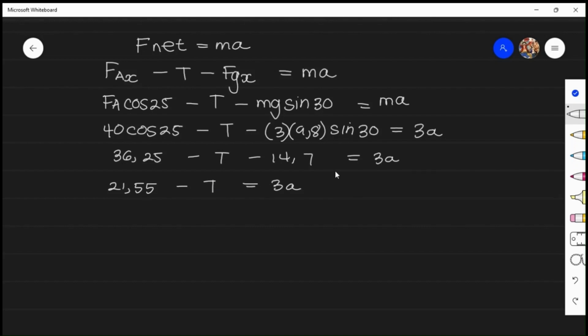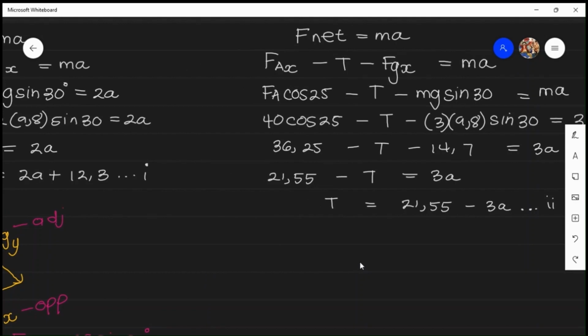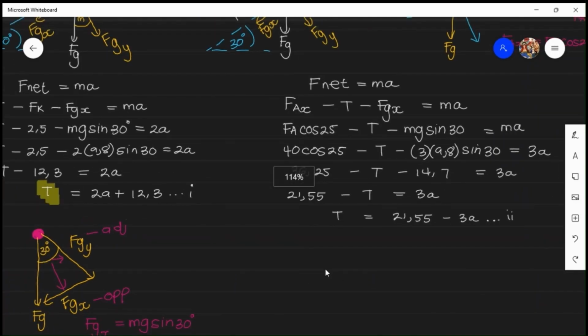From there, we can solve for T. So we are going to have 21.55 minus 3a equal to T. So our whole goal of this was to solve for T, because like I mentioned before, whatever you want to find, which in this particular case is acceleration, make the other variable your subject, so that when you connect both equations at the second variable, which in this particular case is T, you are then going to have the variable that you want to find, which is a, within your simultaneous equation.